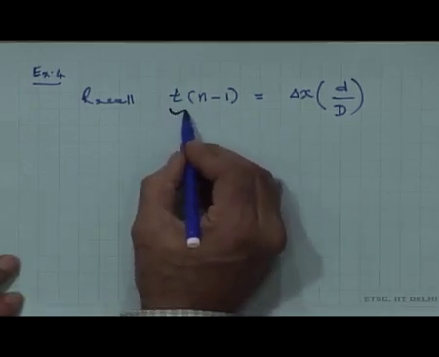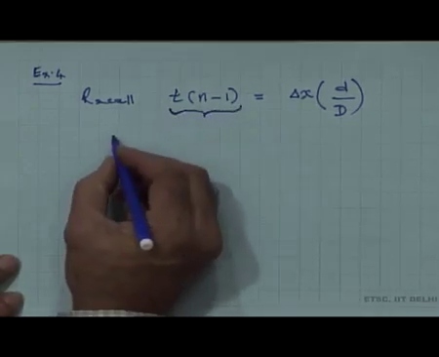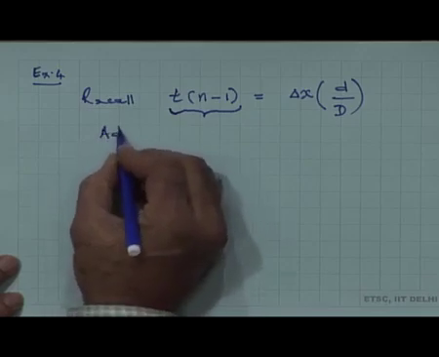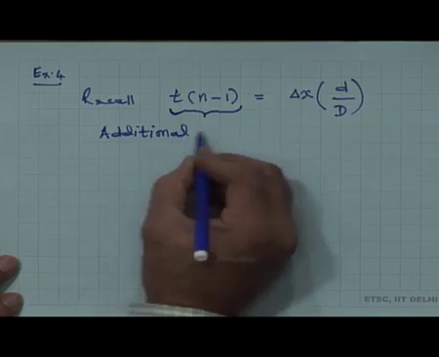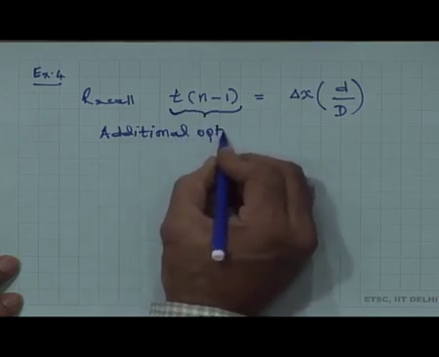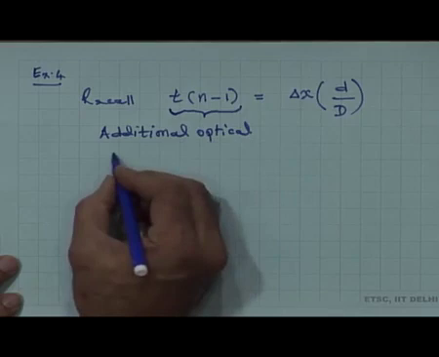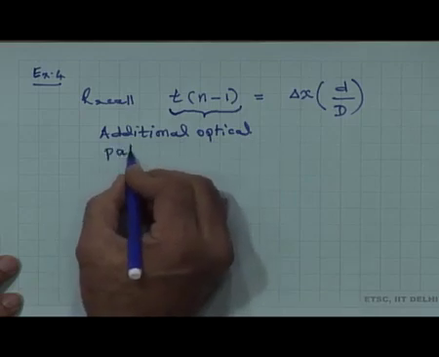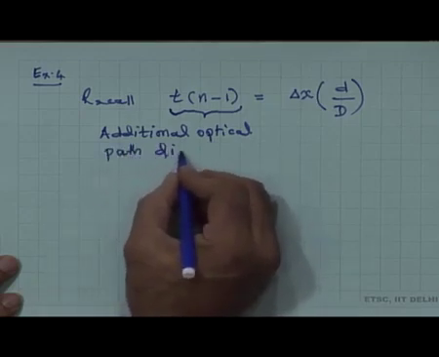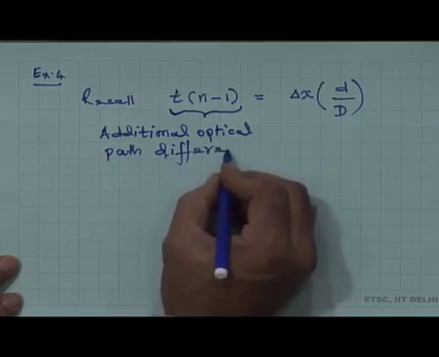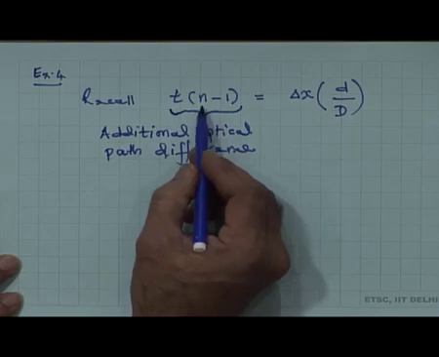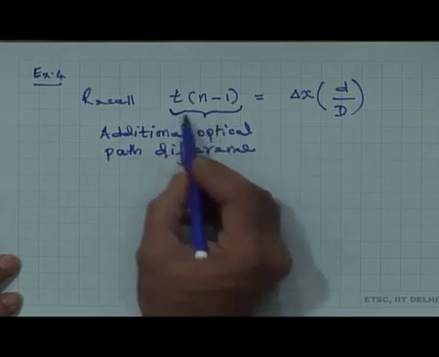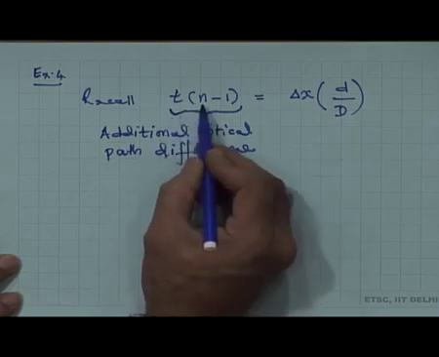Basically, this is the additional optical path difference, because the film has a thickness T and refractive index n. Therefore, the additional path difference will be equal to n minus 1 times T.